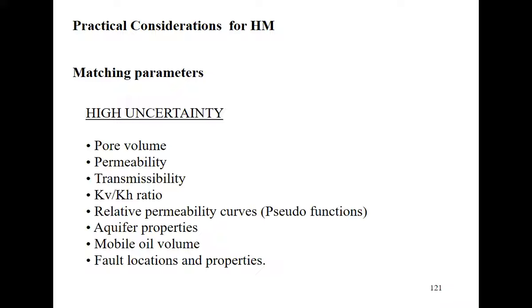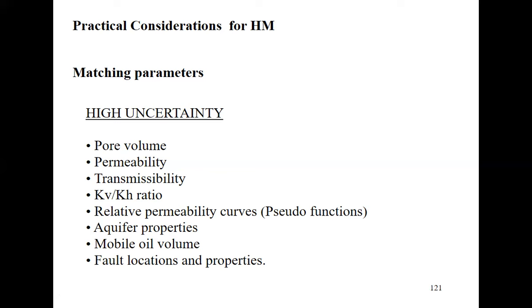So all this is something we are generating from the model, and something we are measuring. For example, the KV/KH ratio, we cannot measure this one. So in general, it is assumed.